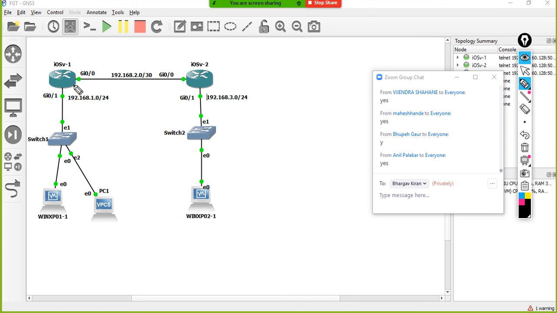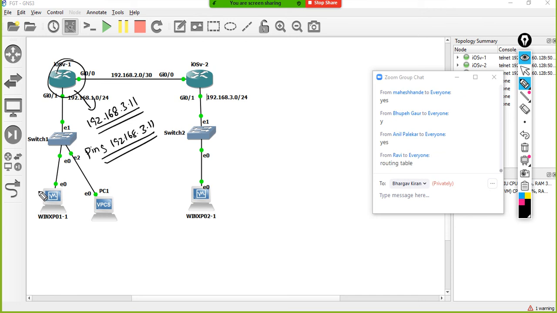Now I am sitting here. I am trying to ping 192.168.3.11. So which means I am trying to do the ping to 192.168.3.11. So what does the router do? What does the router do, guys?